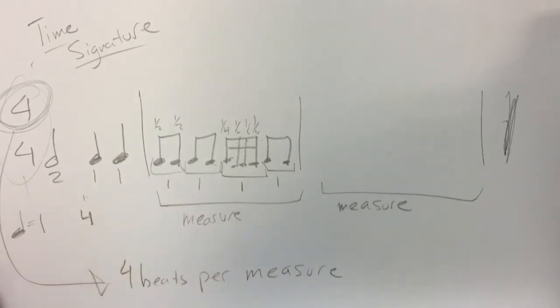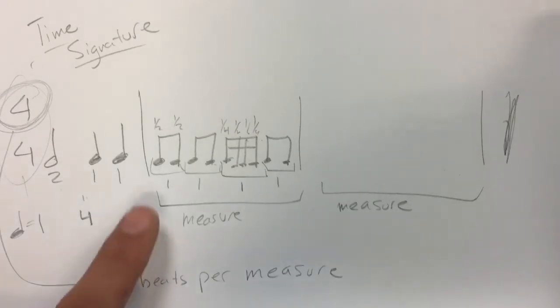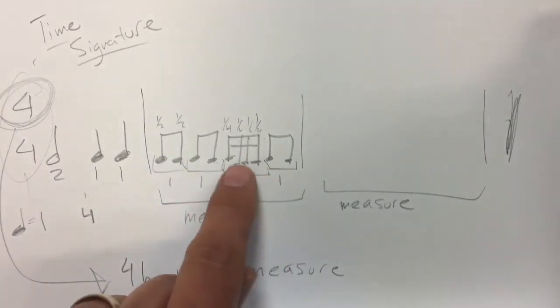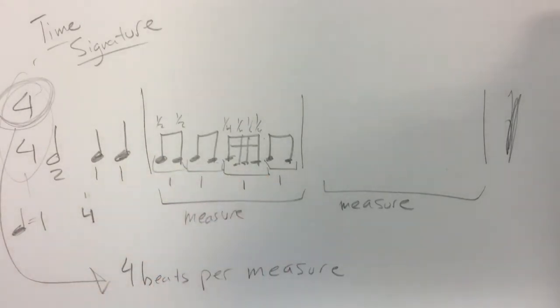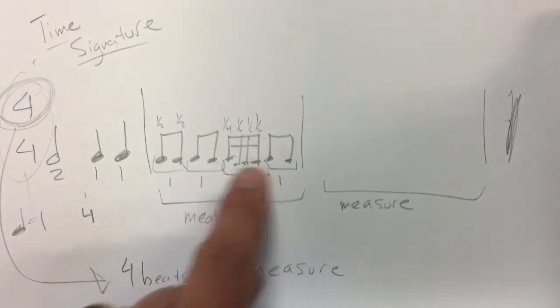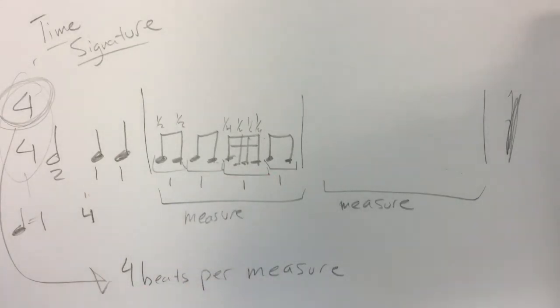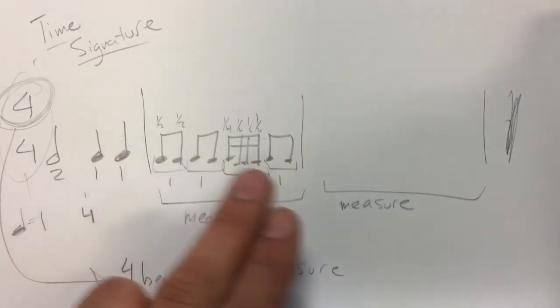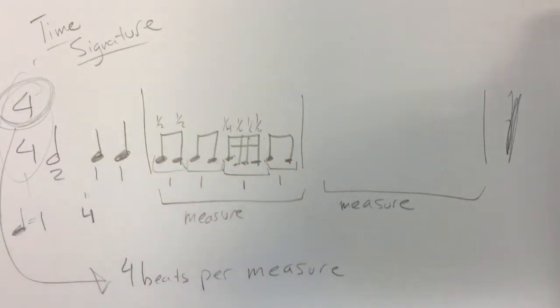So let's say my beat is kind of like this. If I were playing the piano, I could go like this, dun dun, like that. If I were playing these 4, for every single beat, it would be dun dun dun dun, like that. 1 2 3 4. If I were to play this whole measure right here, let's say I had drums or something, here's my beat again. This is how fast the song is.